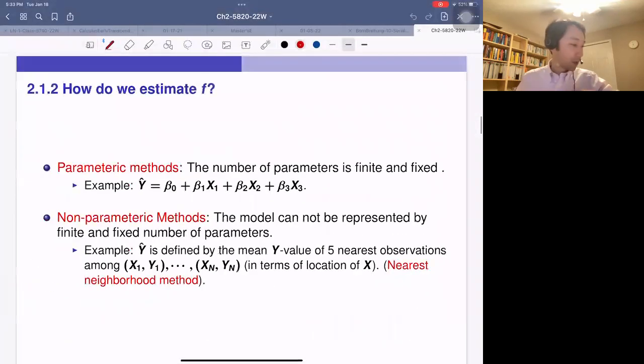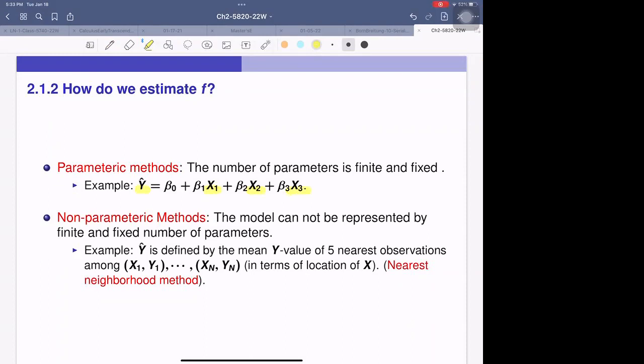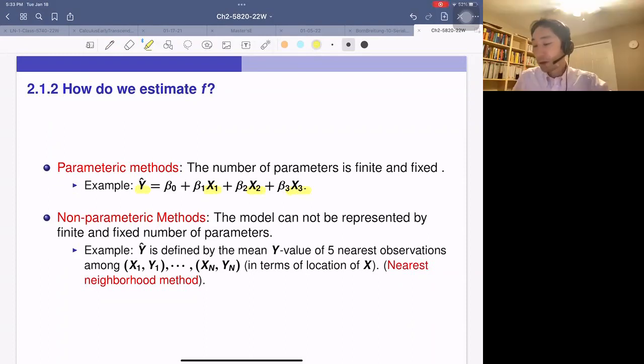Okay, so how to estimate f? In this chapter, the example is that we have sales as the response variable and 3 predictors: the advertisement amount on TV, radio, and newspaper.